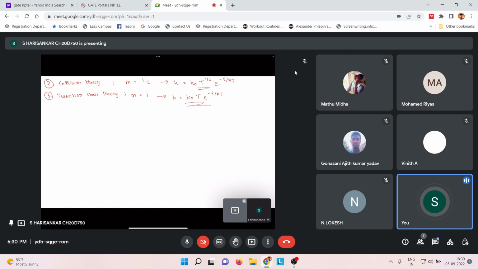So these are the three theories which tell us how the reaction rate constant is dependent on temperature. The most widely used one is the Arrhenius equation, but the collision theory and transition state theory are also used in some cases.